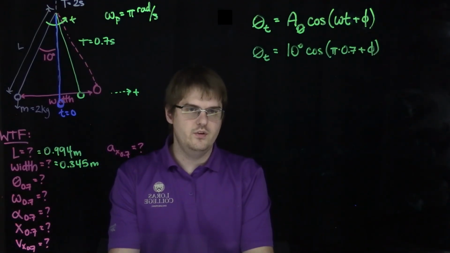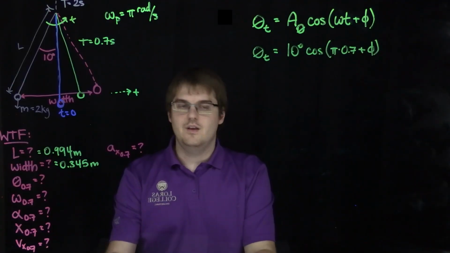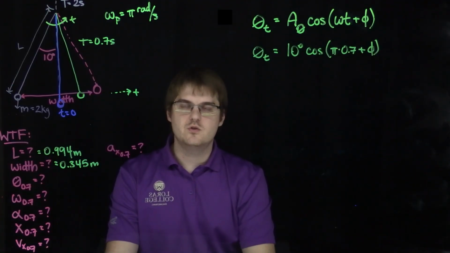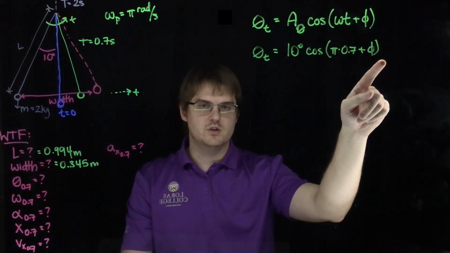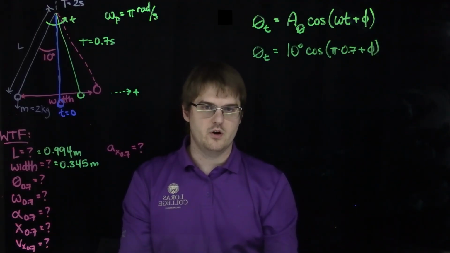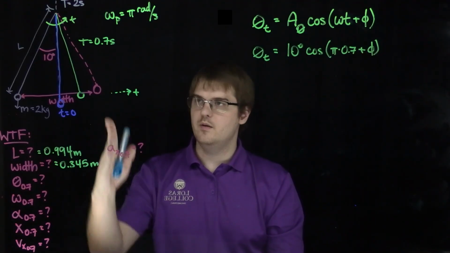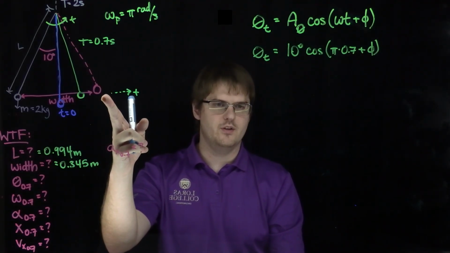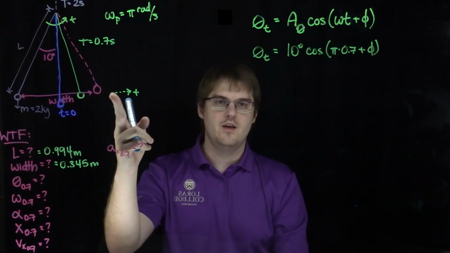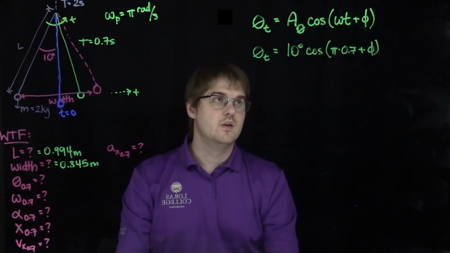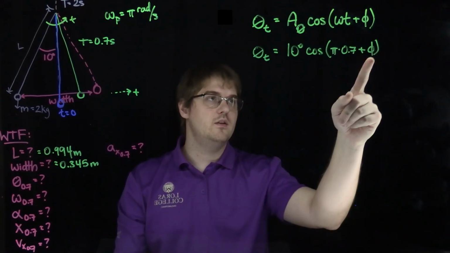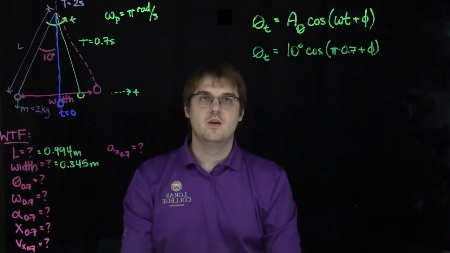What we've been told in the past, in setting up this equation, is that this set of equations is assuming that at time equals 0, we have a pendulum that is fully pulled out in the positive direction. We're assuming that at time 0, we're right here. And if we're not right there, we need to use this phi to correct for it.